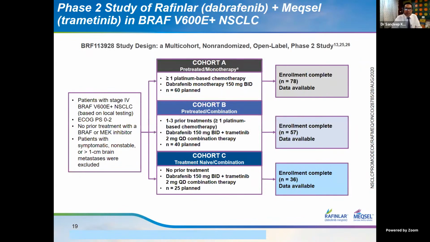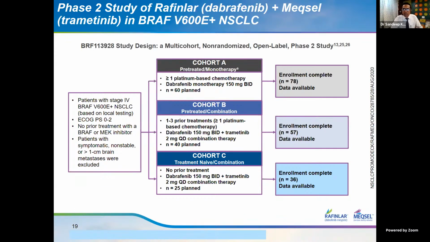So this was the overall trial design, where stage 4 NSCLC patients with a good performance status and no prior treatment with a BRAF or MEK inhibitor were included, and asymptomatic, non-stable brain mets over 1 centimeter were excluded. There were 3 cohorts, A, B, and C. Cohort A was pre-treated, with monotherapy dabrafenib 150 mg BID.